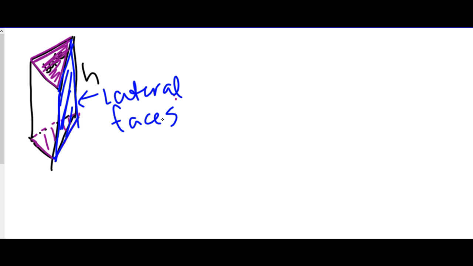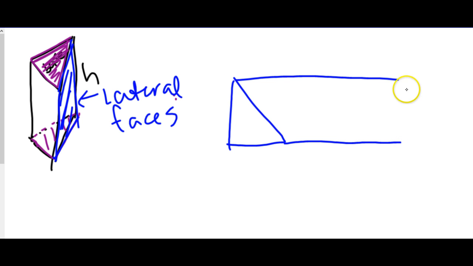Now they could tilt the prisms sideways, which means if it was sideways, the height is actually what looks like the length, because the height is always connecting from base to base.